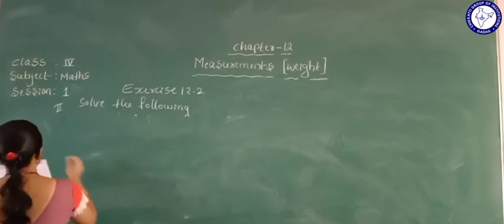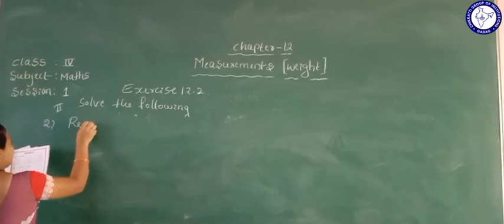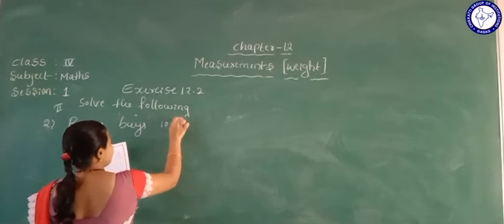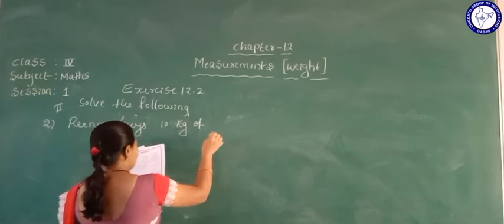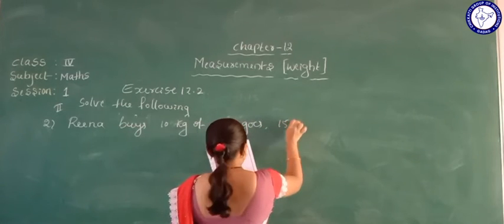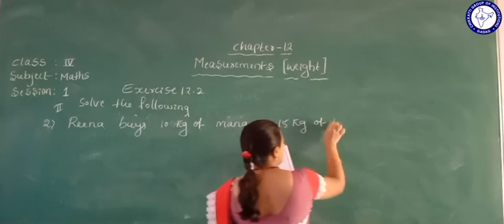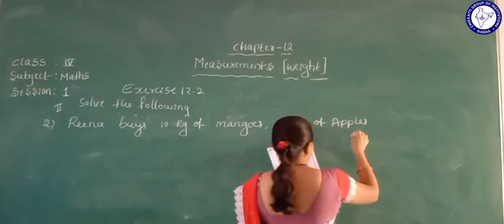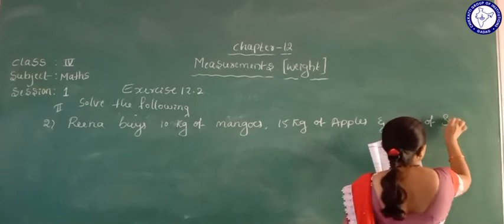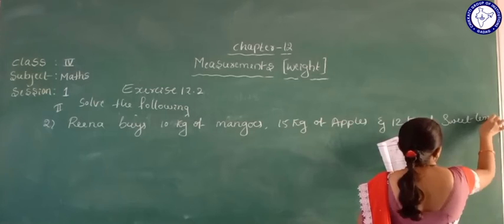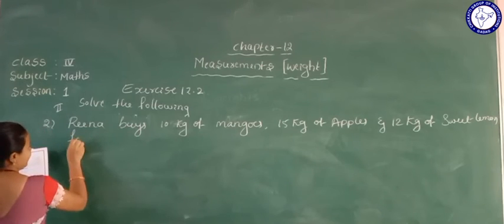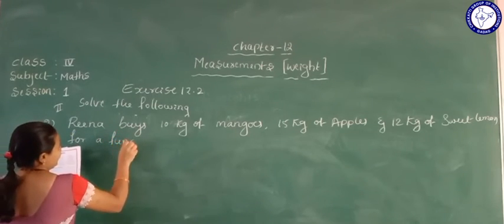Yes, second one. Reena buys 10 kg of mangoes, 15 kg of apples and 12 kg of sweet lemon for a function.